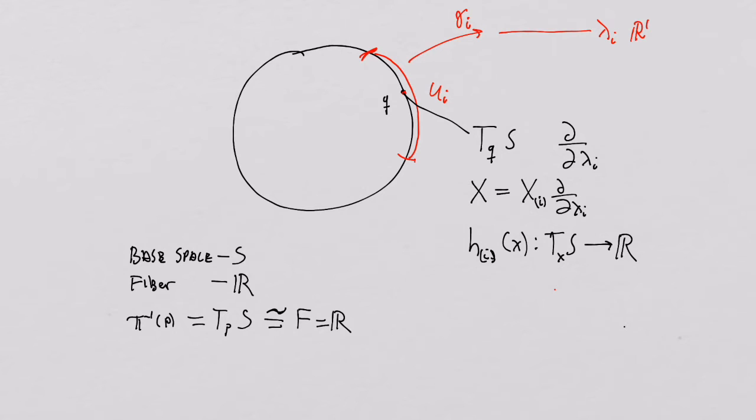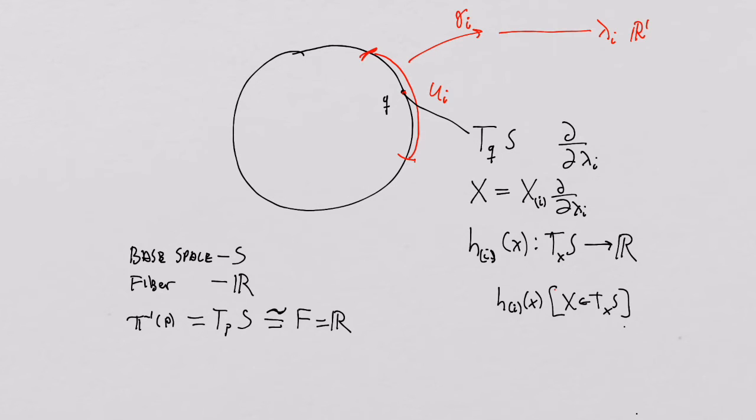The tangent space at Q has this basis, so h of I at the point X is operating on a vector X, which is an element of the tangent space at x, right?